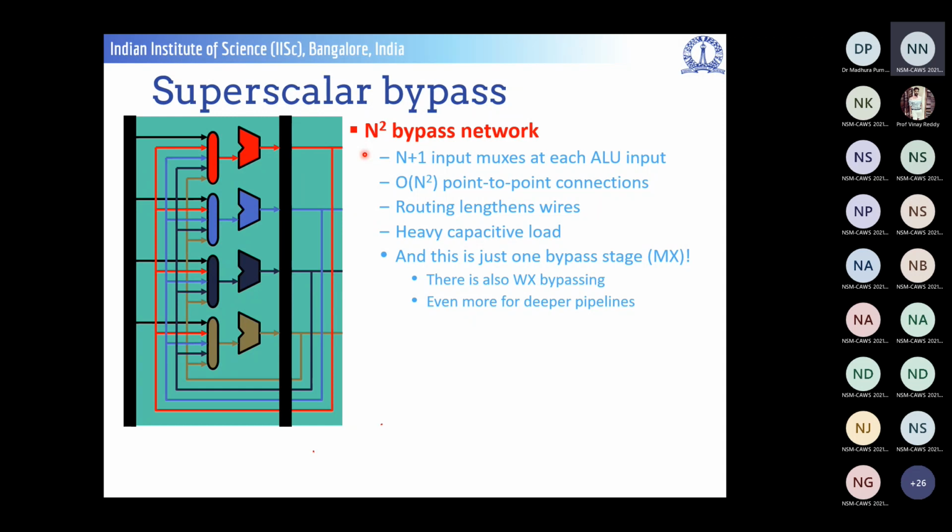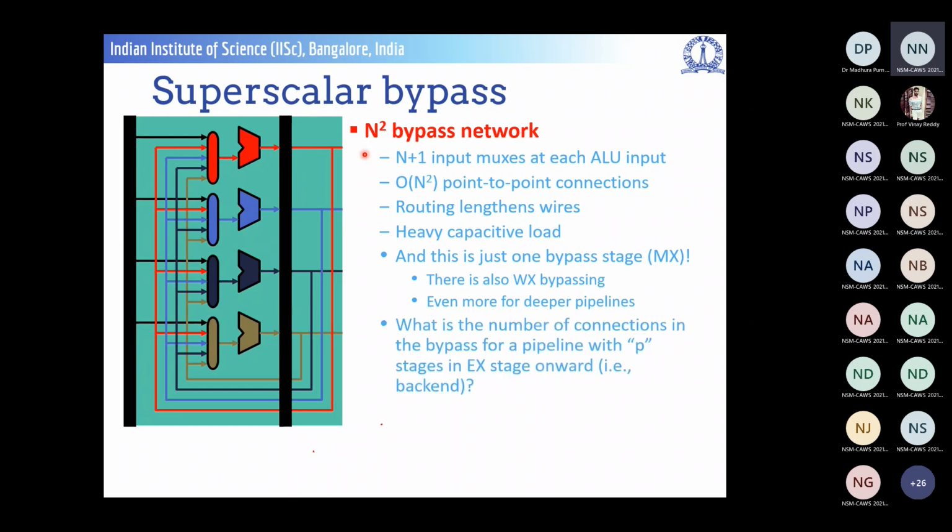what we are assuming here is that only one stage in the pipeline could produce a result, say the execute stage, but that's not always true, right? It could be in the M stage for a load instruction.